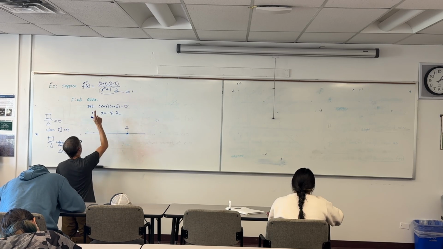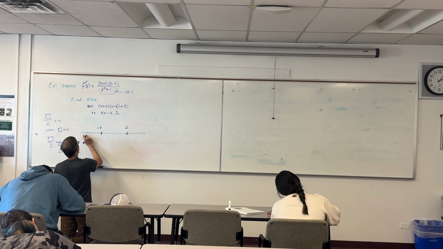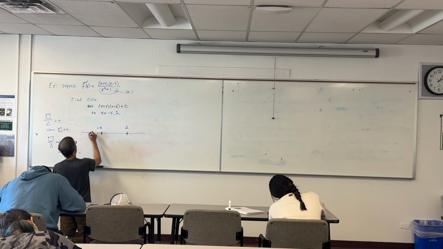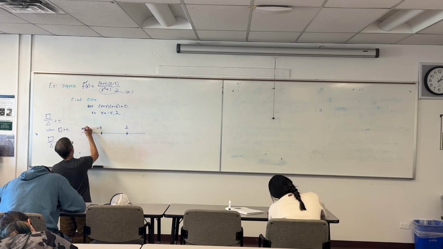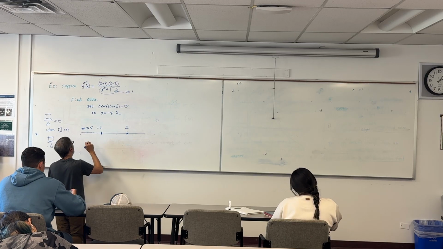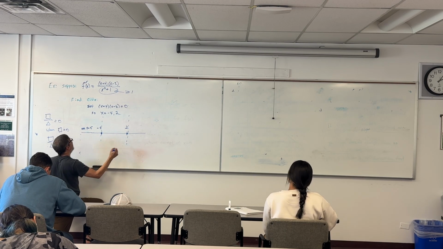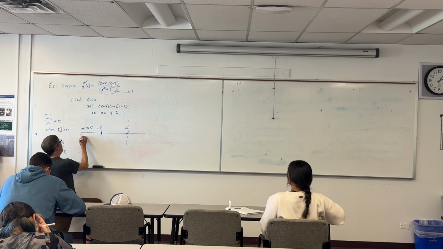And you can also use the fact that the bottom is always positive when you test the sign. It can't screw you up sign-wise, no matter what x value you pick. I'm grabbing -5.